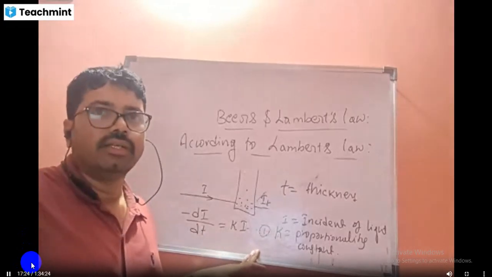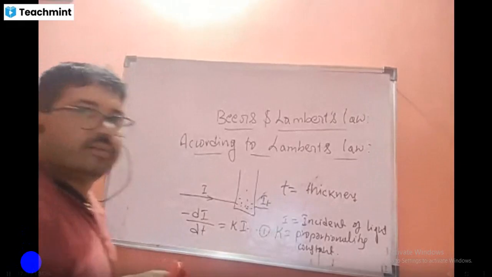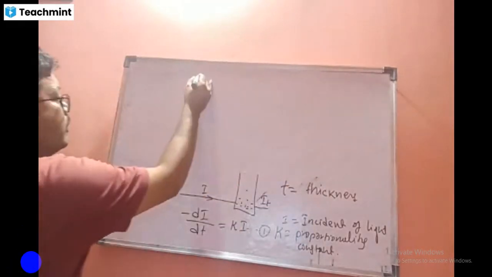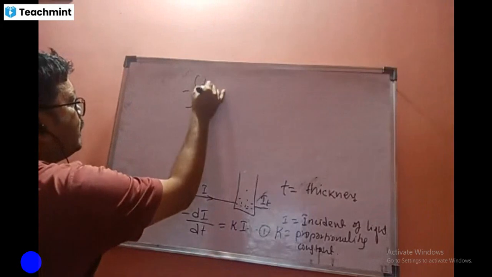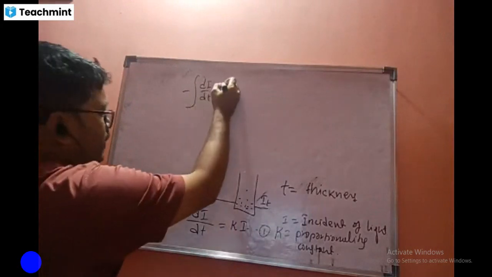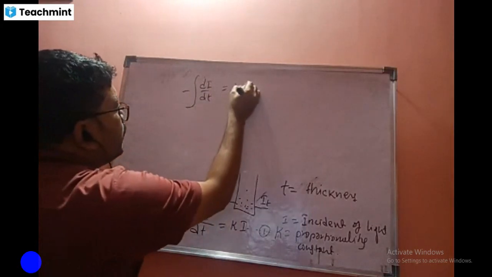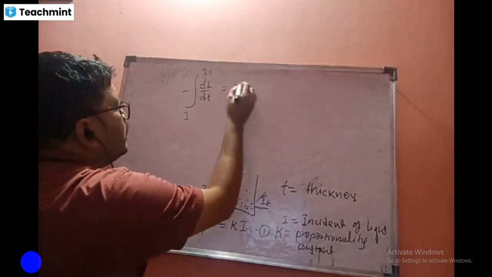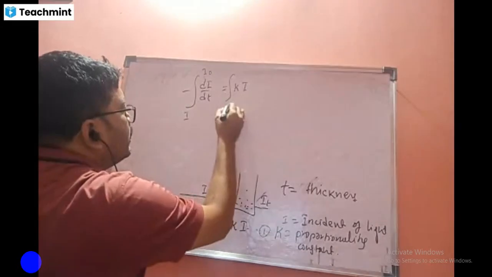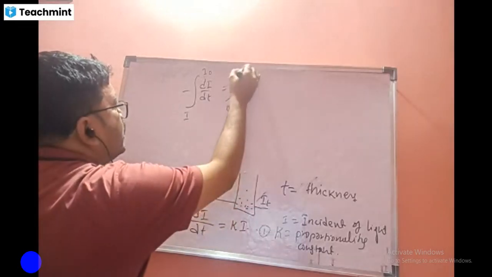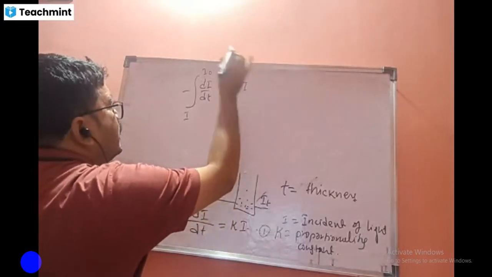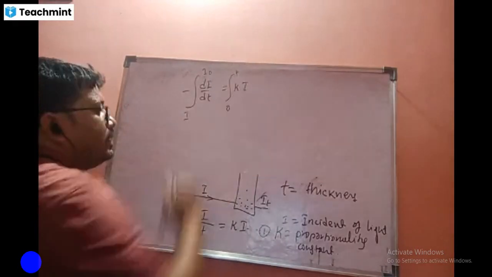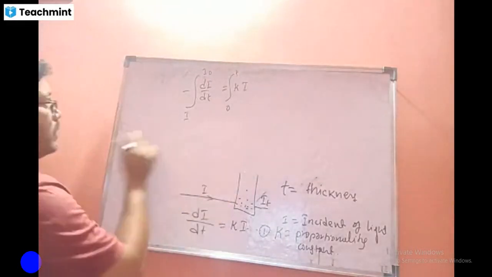By integrating you'll get minus dI by dt is equal to KI, with limits I to I0 and 0 to t.